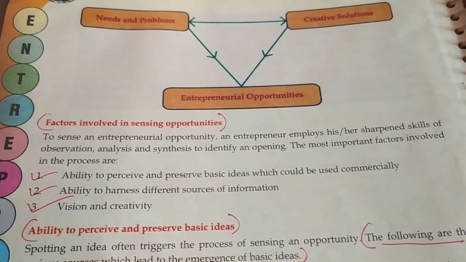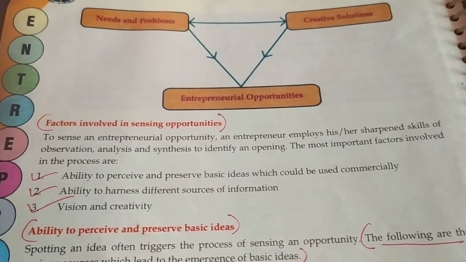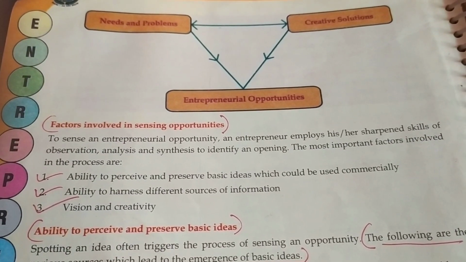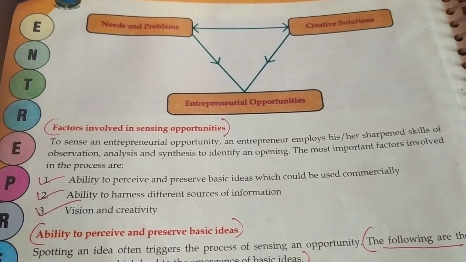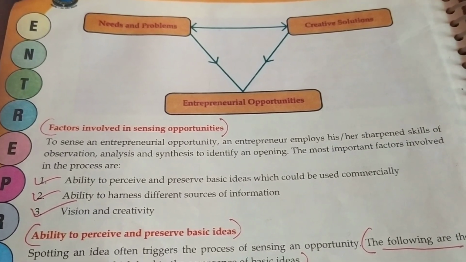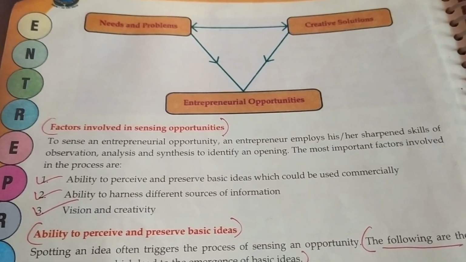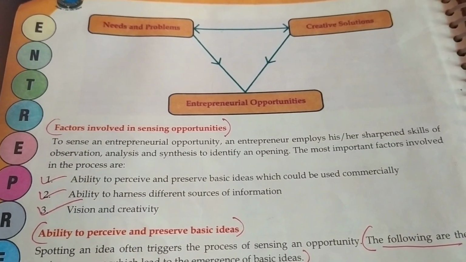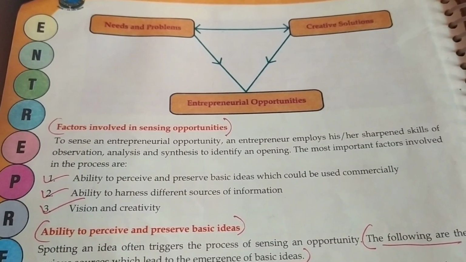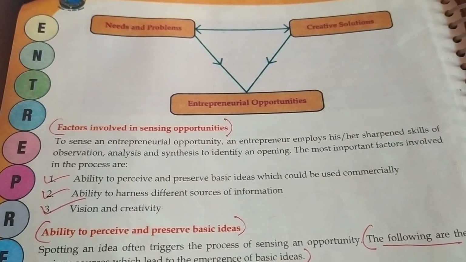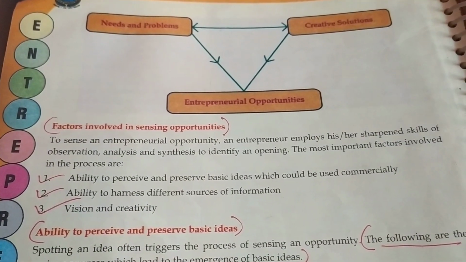Now whether you will be able to sense the opportunities depends upon how you are perceiving the ideas. What are the kind of ideas that are coming up to your mind, and how well are you placed to use them commercially?